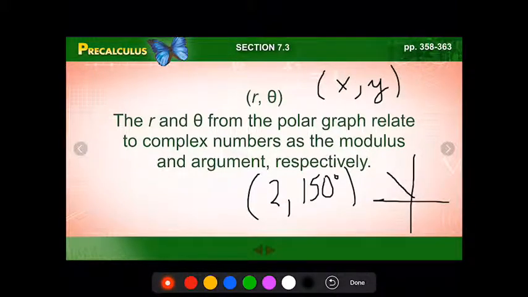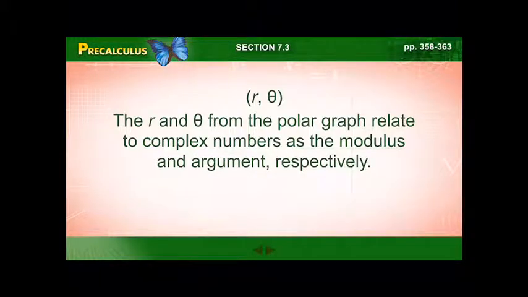So it's bigger than 90, less than 180. And then I always draw my argument down to the x-axis. This one's a little bit tricky, you've got to be careful. From here to here is 150, so the argument would measure 30, but the hypotenuse would be 2. The modulus would be 2. So that's the form that we're talking about, okay?